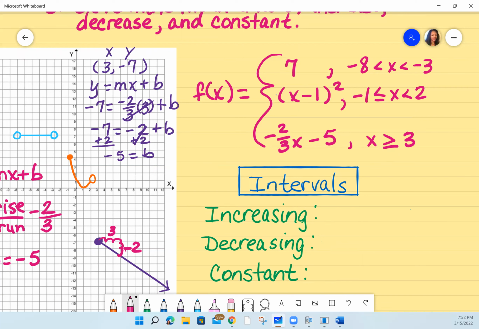If I put a 3 here, -2/3 times 3, the 3's go away, -2 plus -5 is -7.